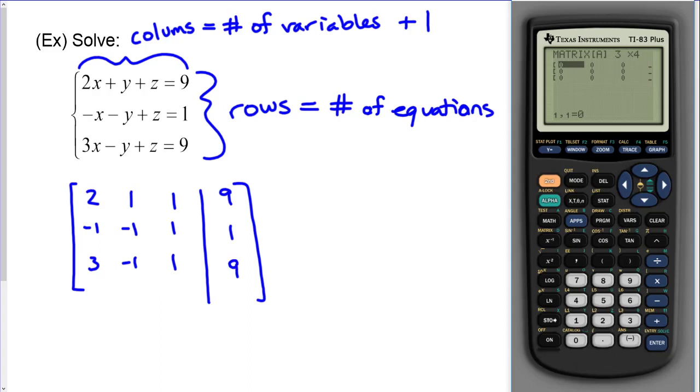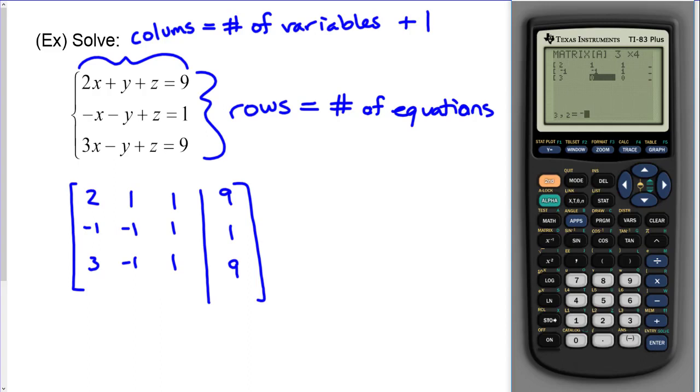That's what I'm going to enter into matrix A in my calculator. 2, 1, 1, and it will automatically scroll over to the fourth column that we can't see initially, then 9. Then it scrolls back to the first column. Negative 1, be careful to use a negative instead of a minus. Negative 1, 1, and 1.